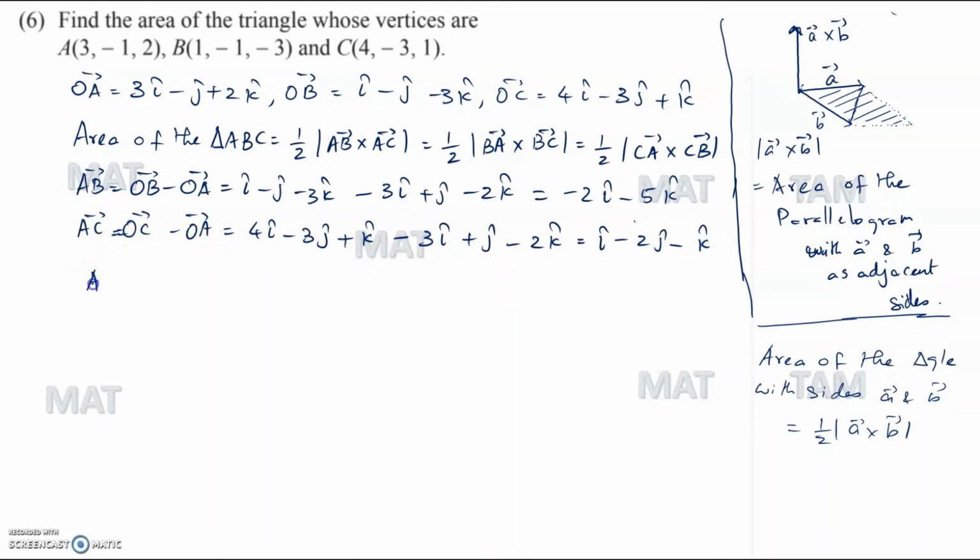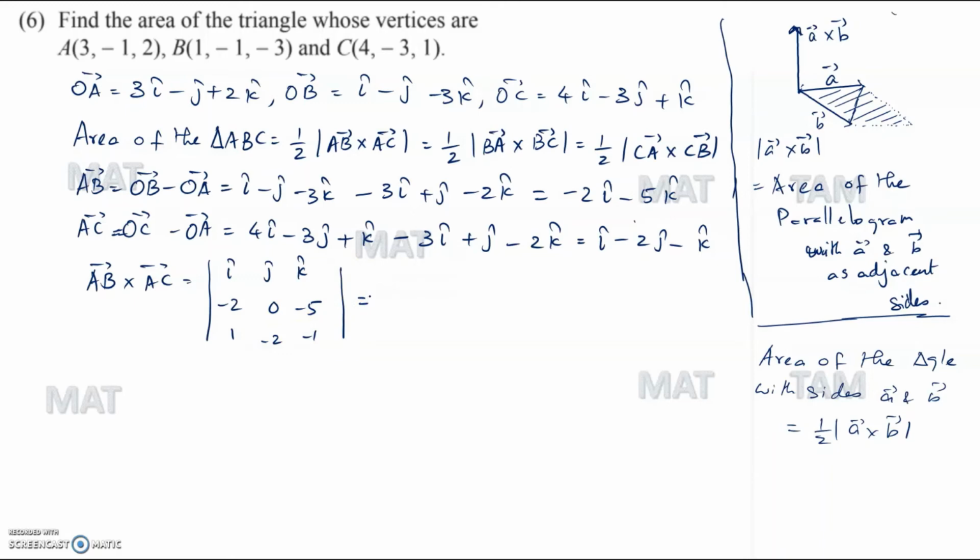So vector AB, vector product with AC is equal to the determinant with i cap, j cap, k cap, and AB vector coefficients minus 2, 0 and minus 5, and AC vector is 1, minus 2, minus 1.